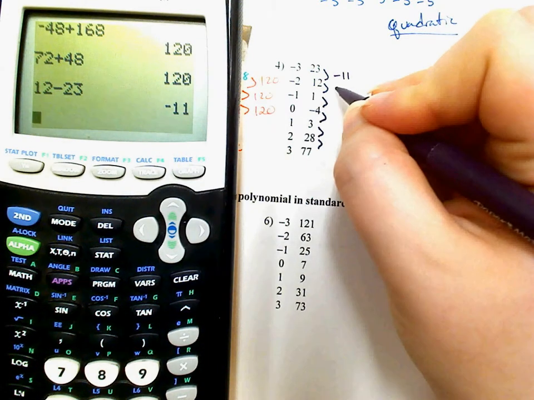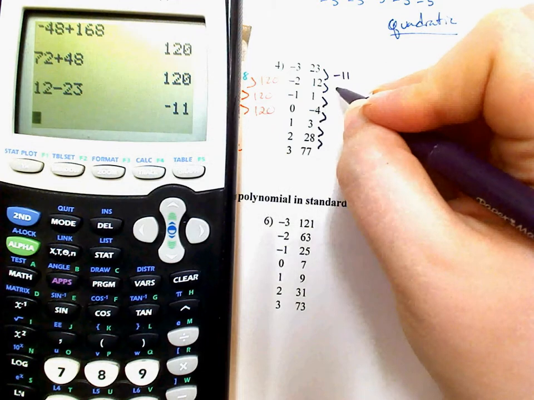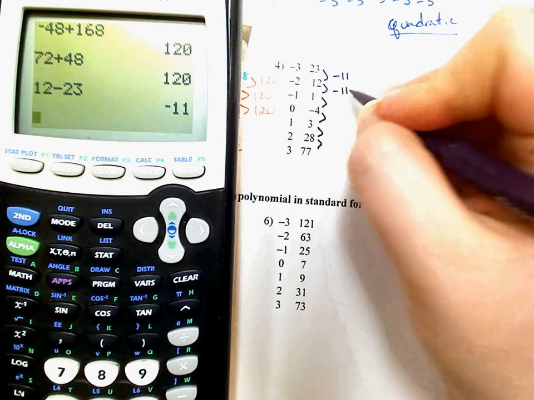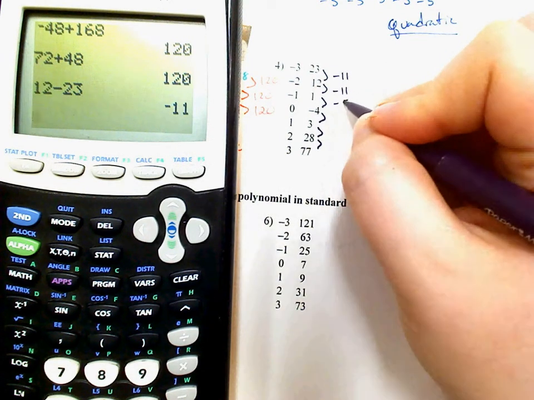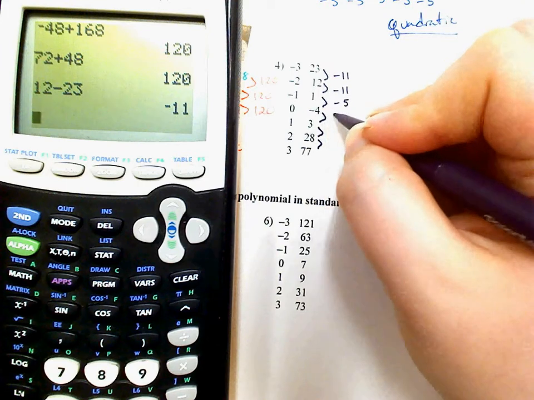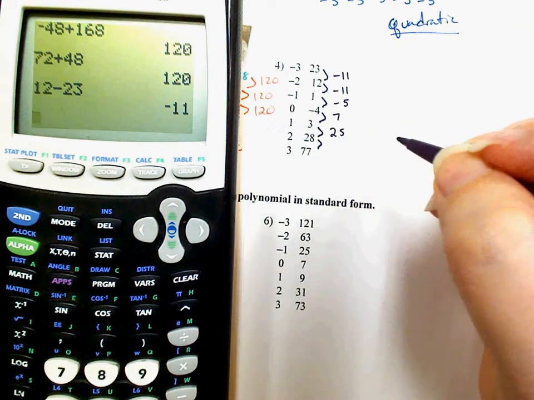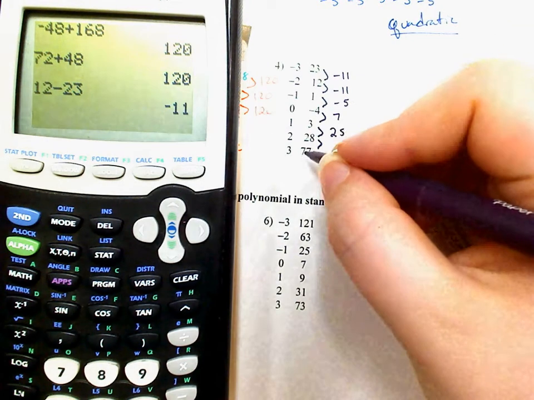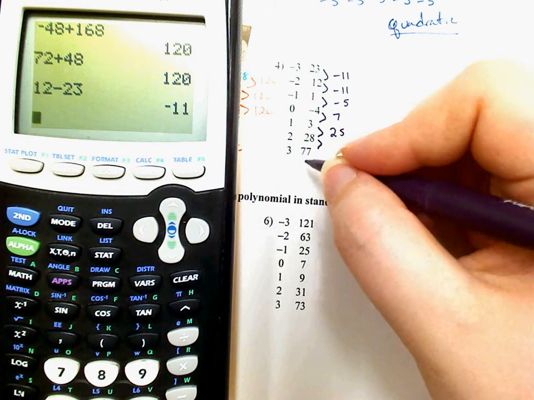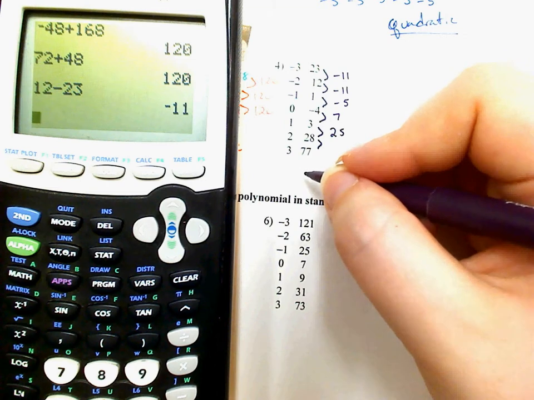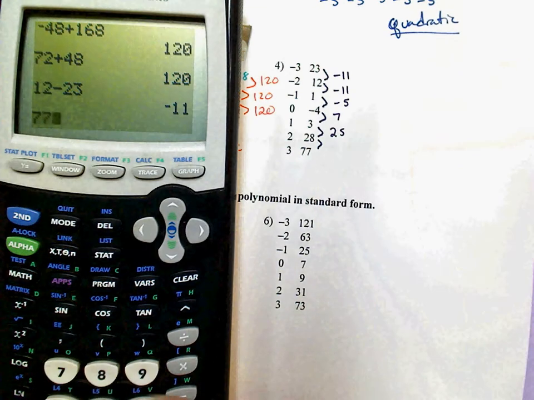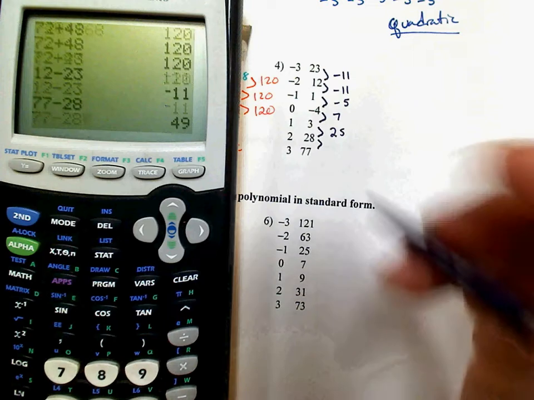Interesting. Really? Okay. Negative 4 minus 1 is negative 5. 3 minus a negative 4 is 7. 28 minus 3 is 25. And 77 minus 28 is, so 77, 67, 57, so 49.